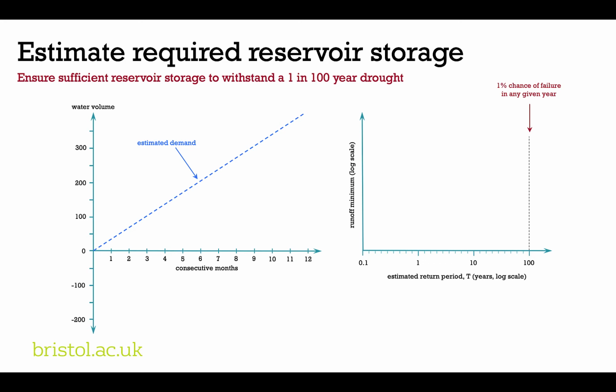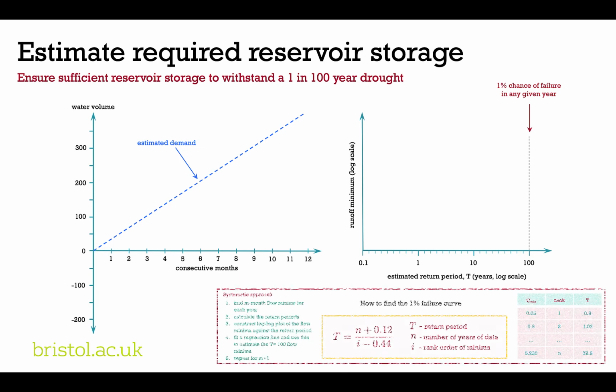And so this is where you need to analyse the synthetic flow series and the data that you've just been creating, as I showed you in Excel, in order to extrapolate to the 1 in 100 year event. Now you have to extrapolate because the data that you've got is for fewer than 100 years, so you need to do some analyses, do a linear regression, and then extrapolate that out.